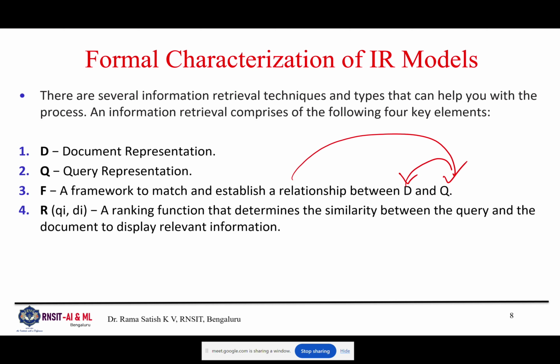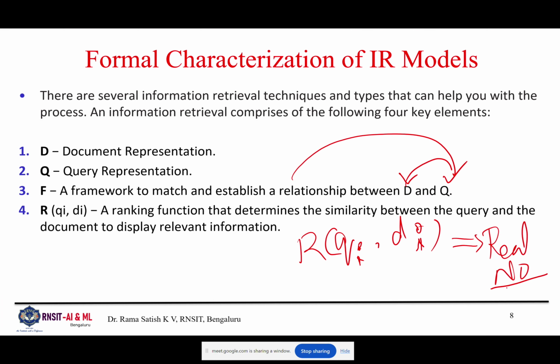Remember, it returns R of Q of i, comma D of i, where Q of i and D of i are a query instance and a document, and it returns a real number. So this is a ranking function.